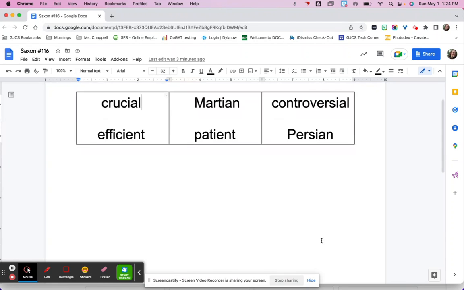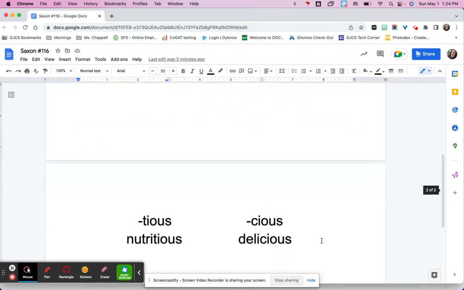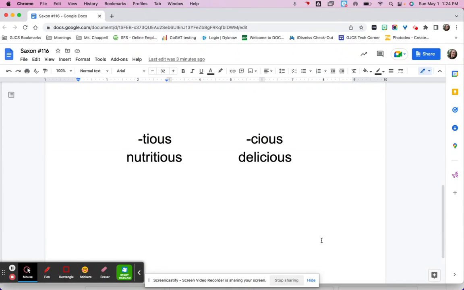A few days ago, about a week and a half ago, we talked about these two final stable syllables, TIOUS and CIOUS. And if you look over at the wall, we have two pictures over there. We have a picture of a little girl rubbing her belly, and that is trying to remind you of delicious.